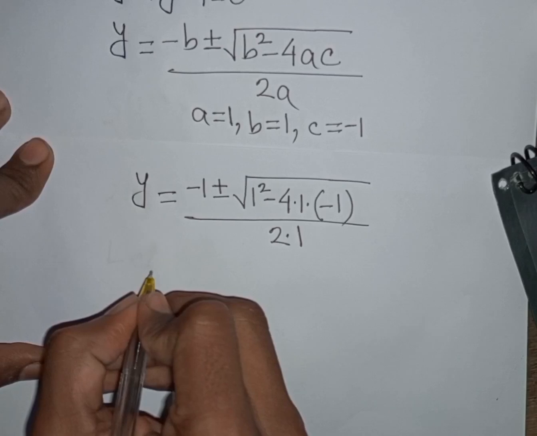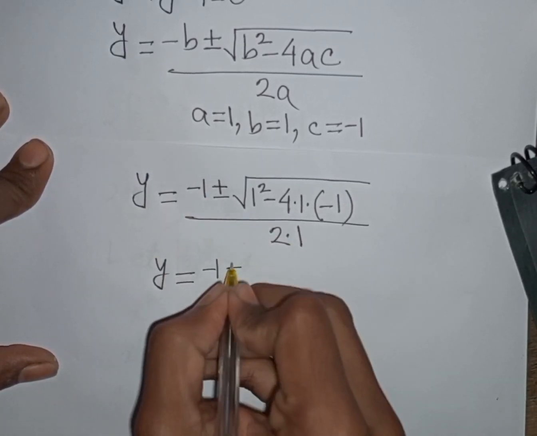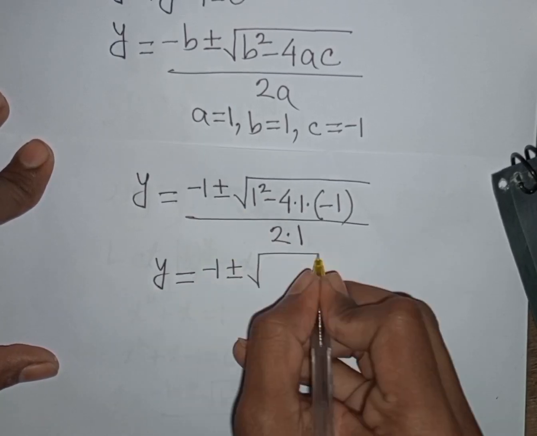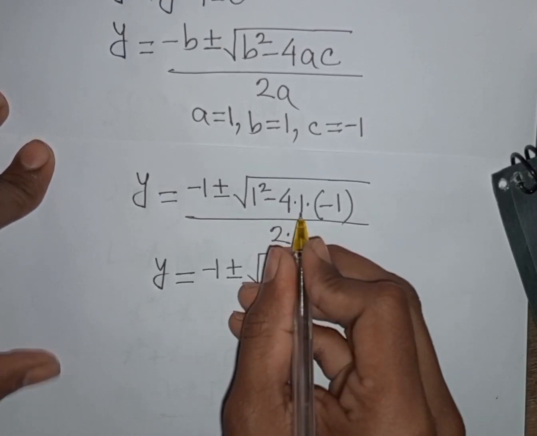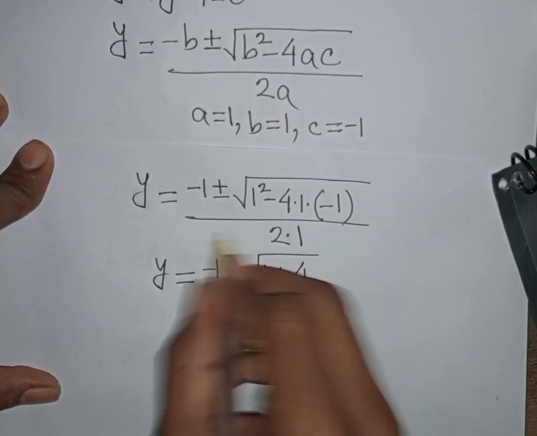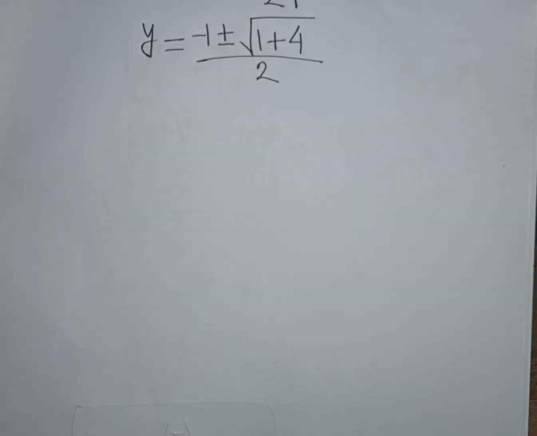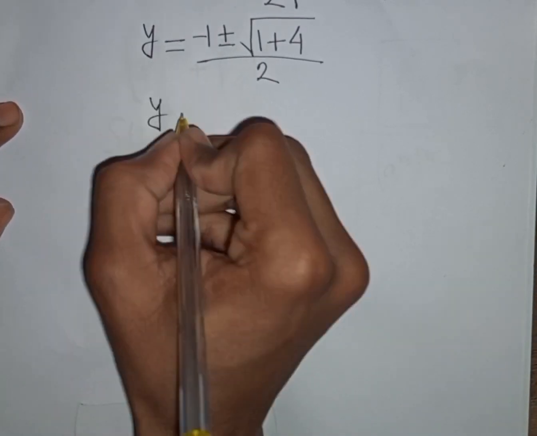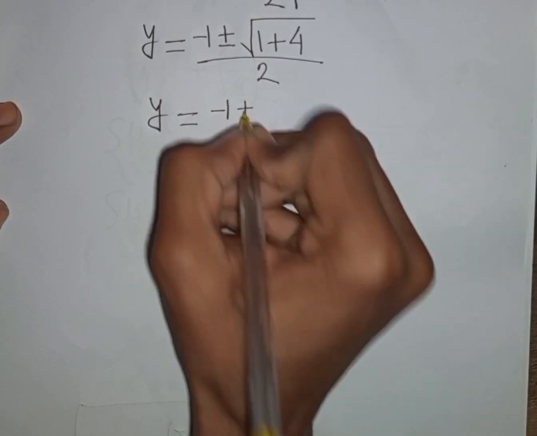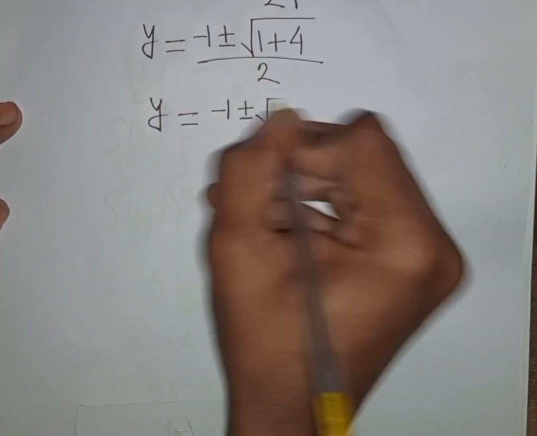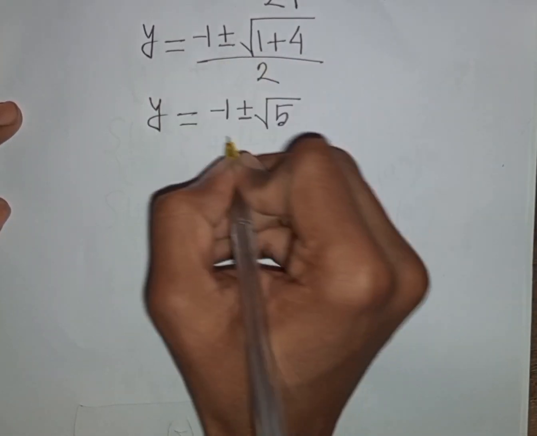Now I can write y is equal to minus 1 plus or minus square root of 1 squared is the same as 1, then minus times minus will be plus, 4 times 1 times 1 is 4, divided by 2 times 1, that means 2. Now y is equal to minus 1 plus or minus square root of 1 plus 4, that means 5, divided by 2.